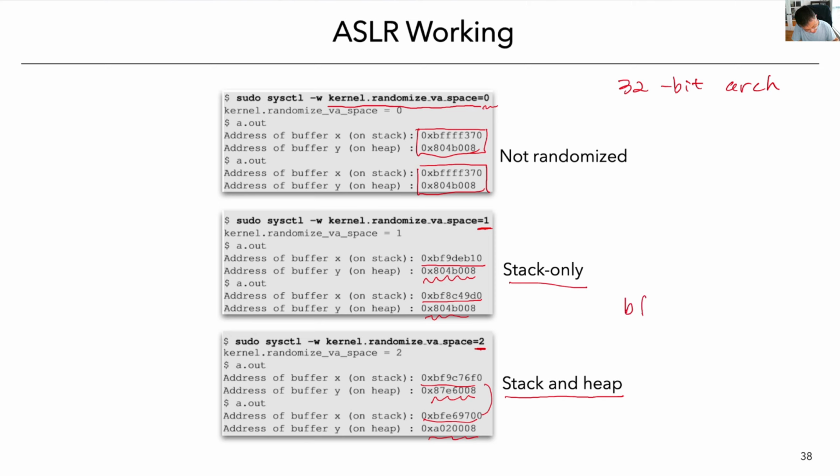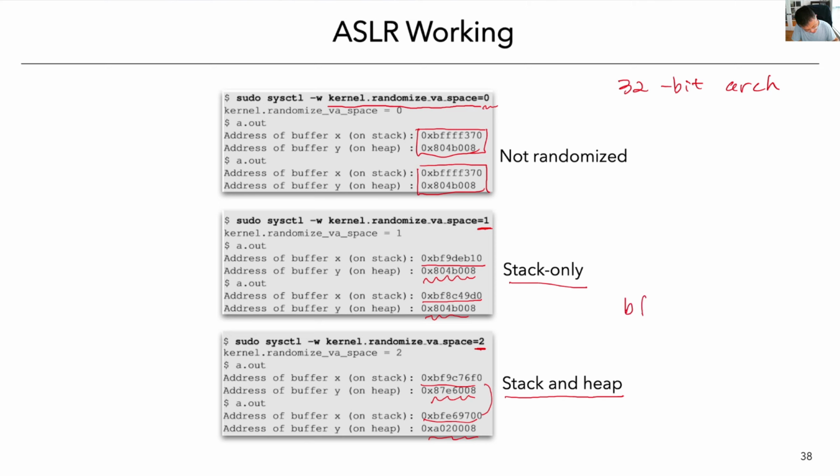So you need to try 2 to the power of 16 times on average to break ASLR on the 32-bit architecture. But for 64-bit architecture, it will be much harder, right? Because you have a much larger address space to play with.